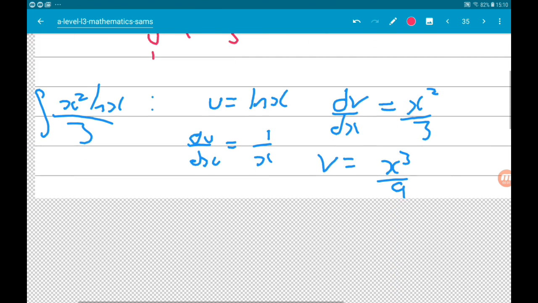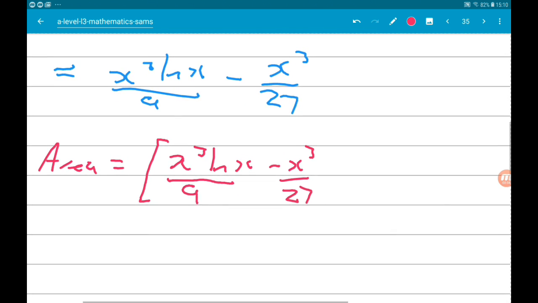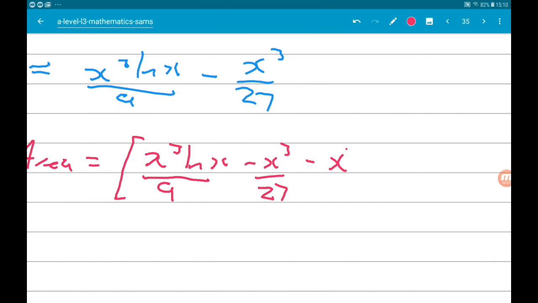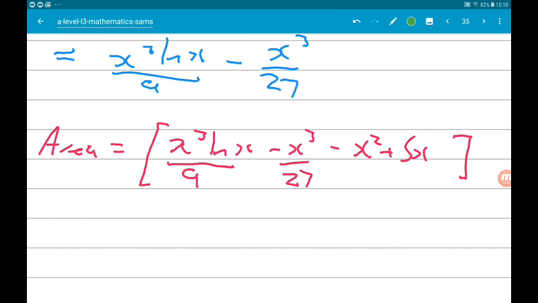So that's minus x squared add 5x, between 1 and 3. Okay, so we are going to get then, forgot the limits, 3 cubed log 3 over 9. So that's 27 log 3 over 9. So that's 3 log 3.